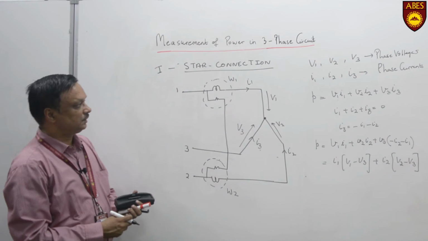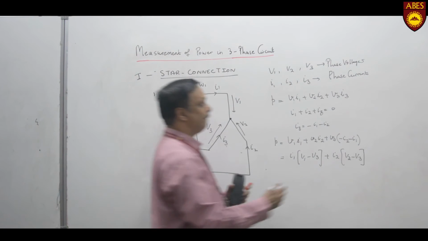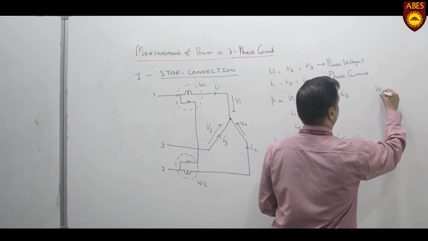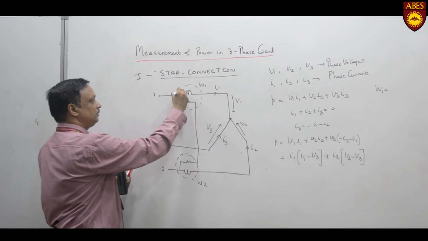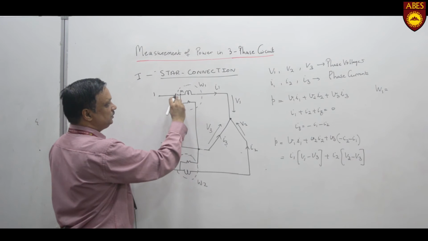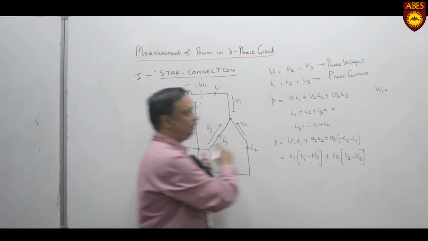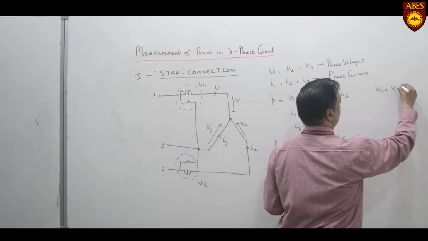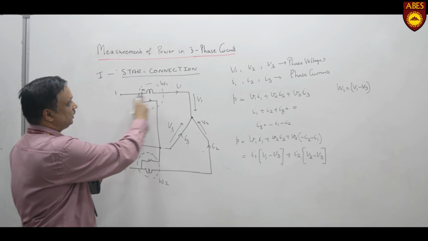Now looking into the circuit diagram, the reading of wattmeter 1 will be the total voltage between the two ends, that is M and this point. If you move from V1, it is V1 minus V3, and the current flowing in the wattmeter is I1.